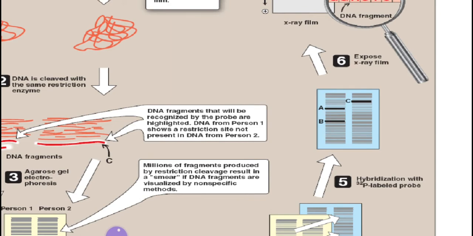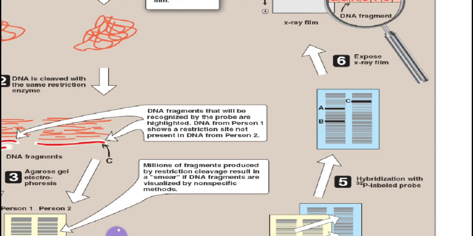So we can differentiate between the DNA of the two persons, because they have different restriction sites, and this differentiation is due to the combined use of restriction enzymes, DNA probes, and electrophoresis. In this process, we do the restriction digestion, and then we do the electrophoresis.